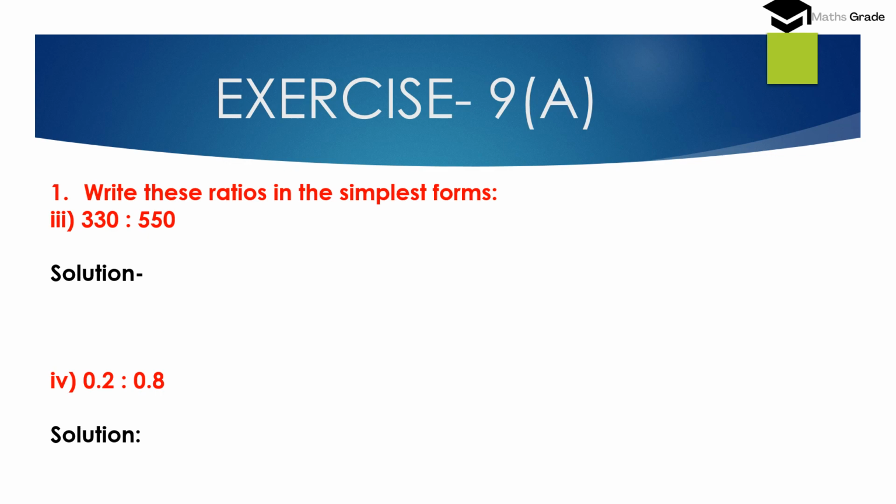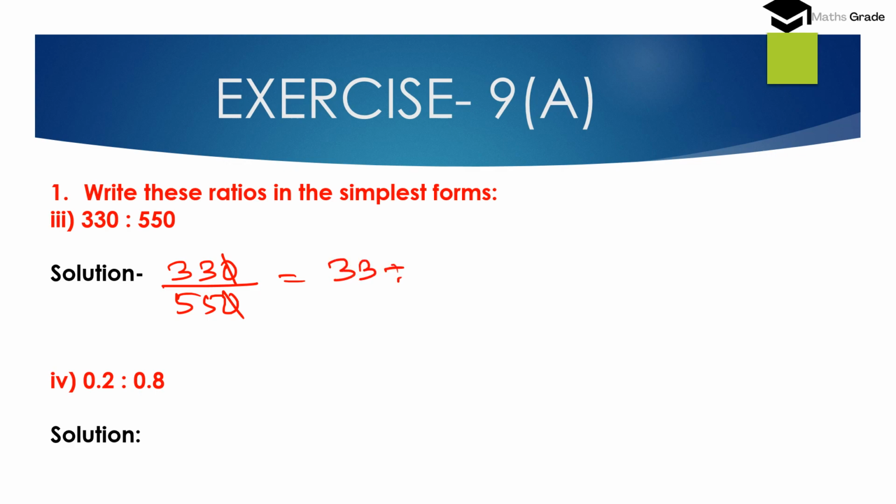Now question number 1, third bit, 330 is to 550. We can write 330 is to 550 as 330 divided by 550. Now cancelling 0 and 0, we get 33 divided by 55. Between 33 and 55, 11 is the common factor.